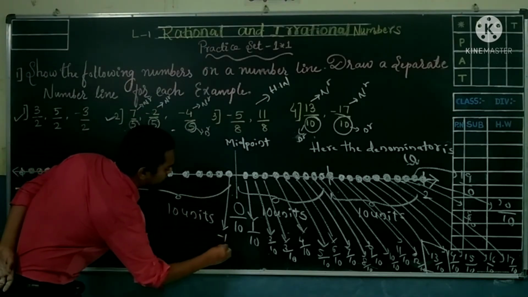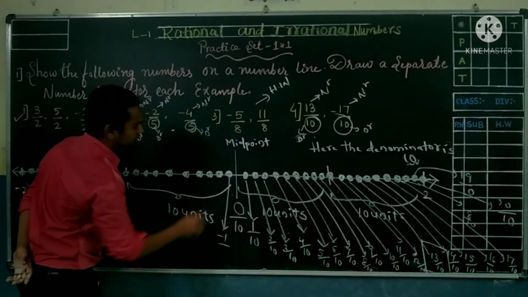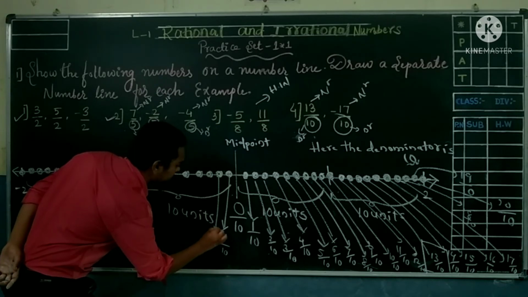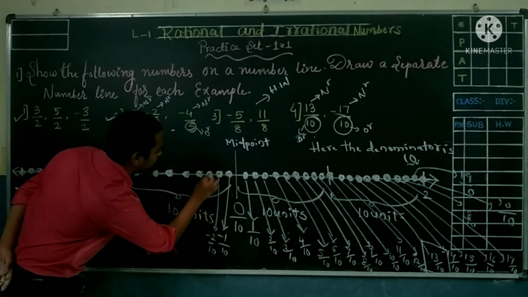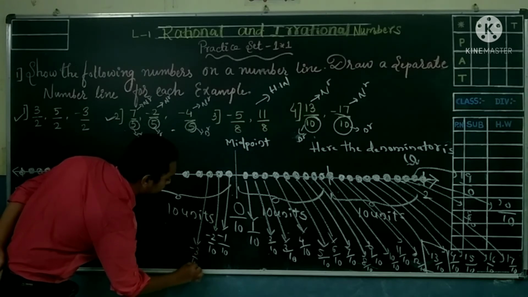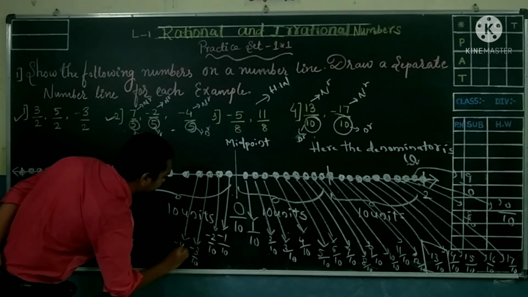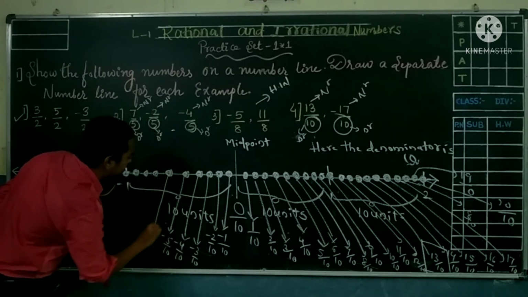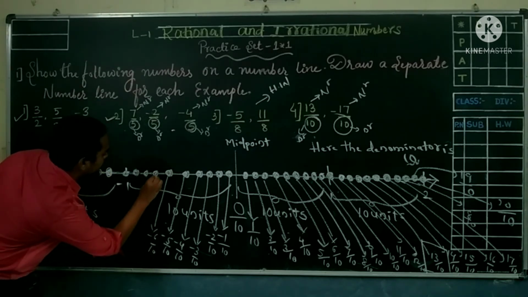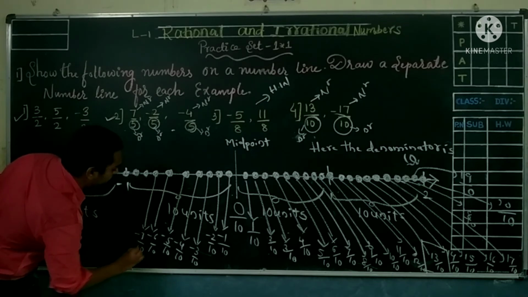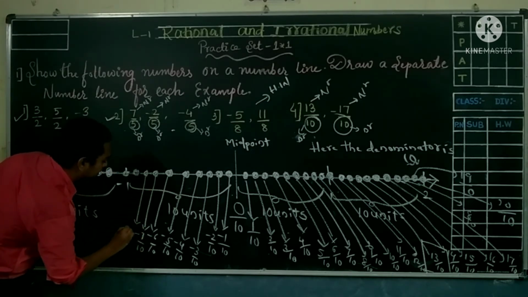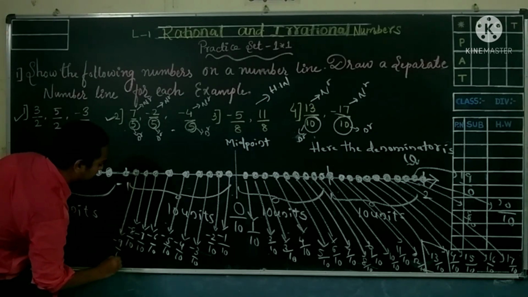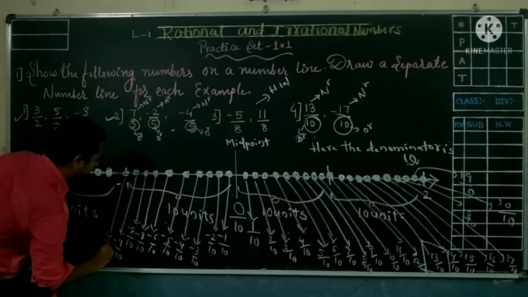This is -1. That means 1 unit means -1 upon 10. Here the denominator is 10. 1 unit, 2 units, 3 units, 4 units, 5th unit, 6th unit, 7 units, 8 units, 9 units. Next, this is the 10th unit.